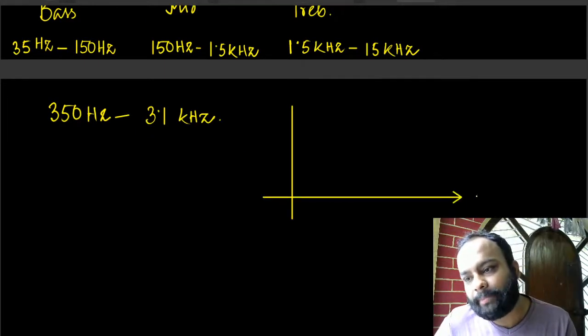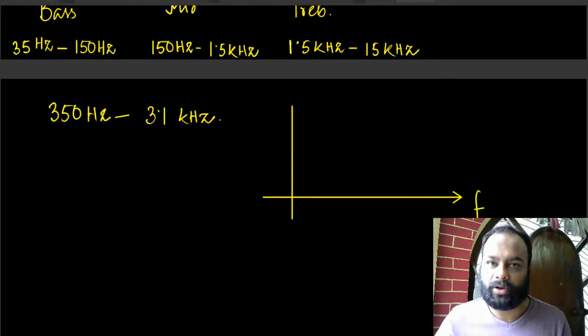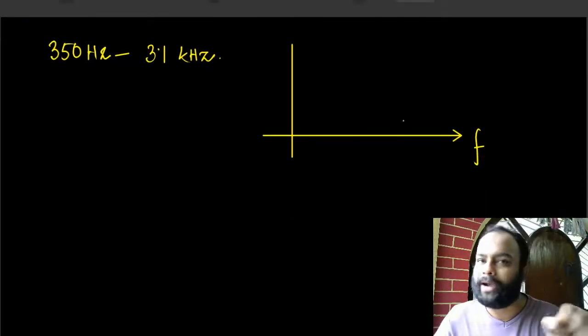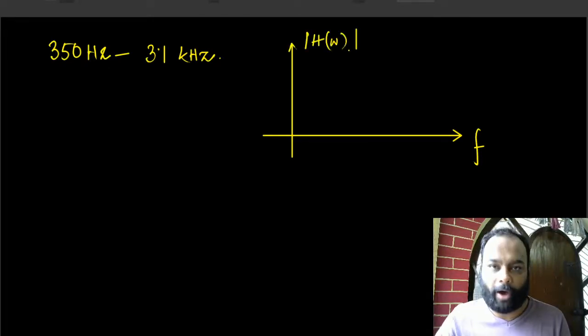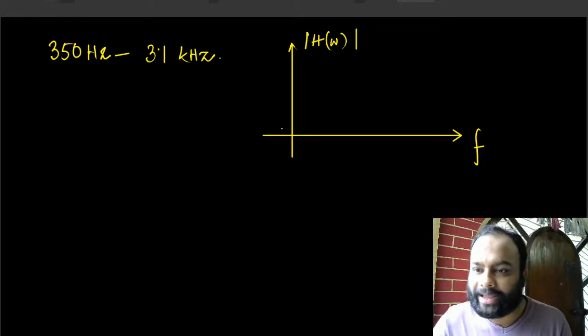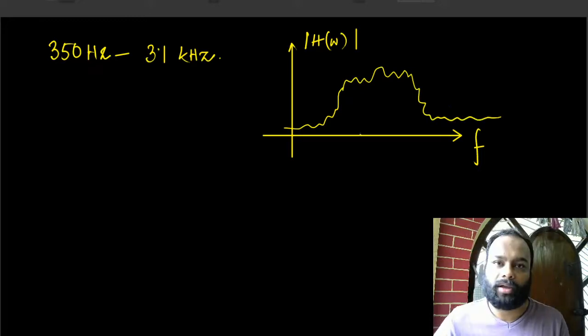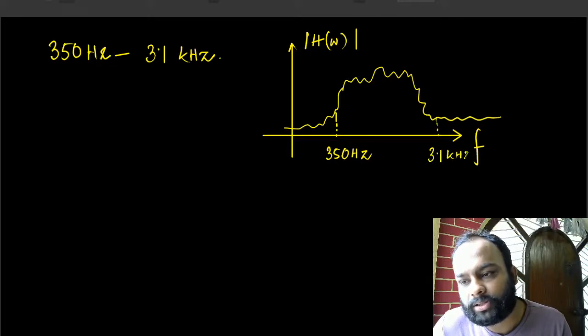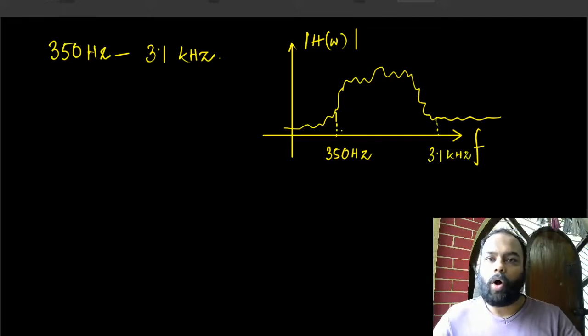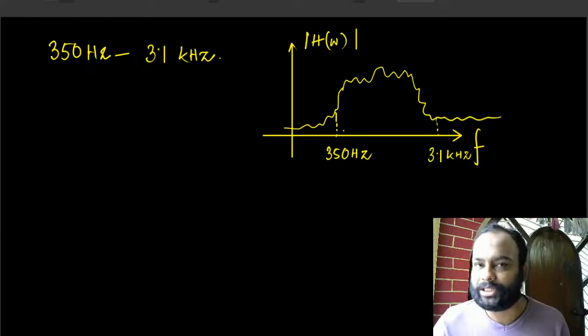So for example, if this is f in hertz, which is basically omega by 2 pi, and this is the amplitude response of my voice, then the plot, though some arbitrary plot, kind of looks like this, and this is 350 hertz, and this is 3.1 kilohertz. So most of the frequency components in my voice lie between these two frequencies, right?